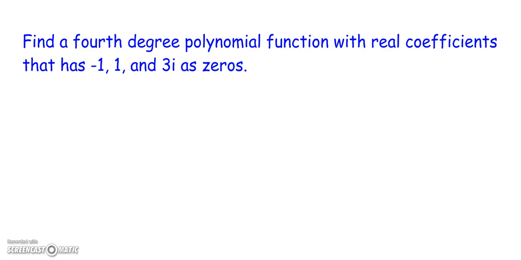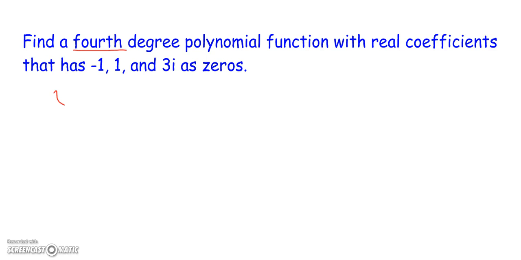Okay, so here, find a 4th degree polynomial function with real coefficients that has negative 1, 1, and 3i as zeros. So we've stressed in this class that zeros are very similar to factors. If negative 1 is a 0, how do we turn it into a factor?